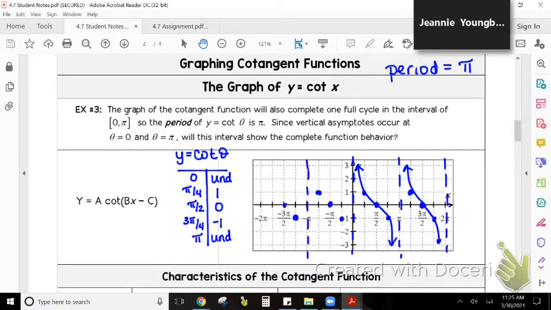So negative 1, 0, 1, asymptote. All right, something else while y'all are drawing that is be careful.